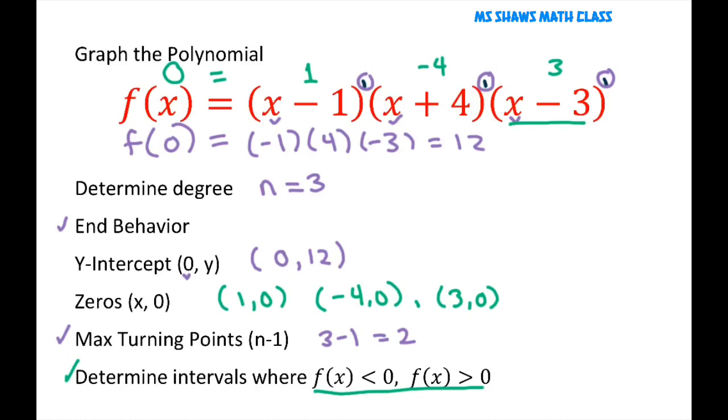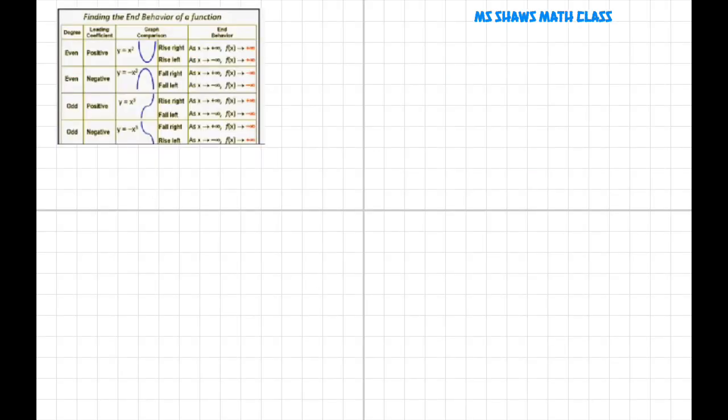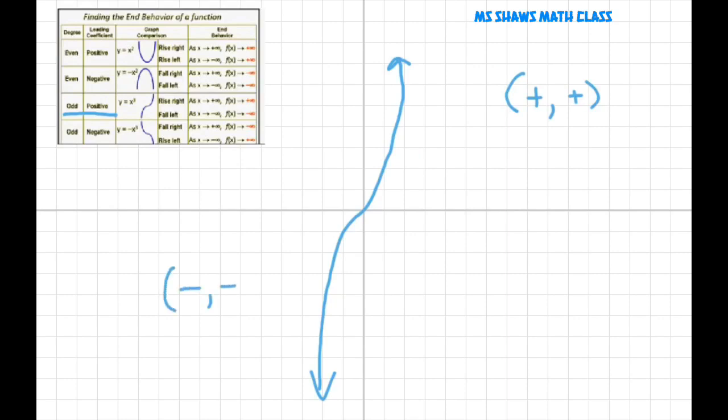So first of all, let's determine the end behavior. Our degree is n, and also this leading coefficient is positive. When we look at this, our n is 3, which is an odd number, and it's positive. That means our graph has the characteristic of the cubic function. Quadrant 1 is positive and quadrant 3 is negative.